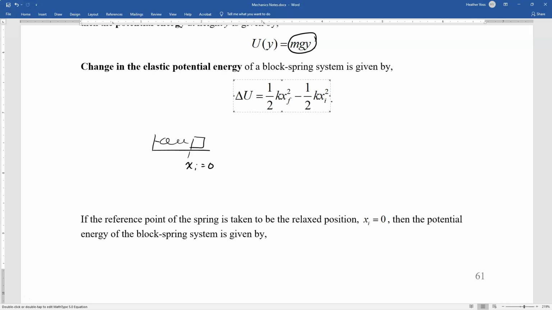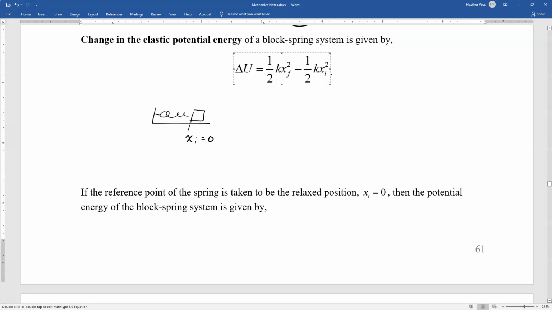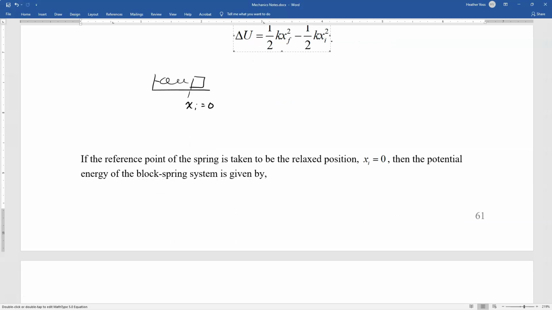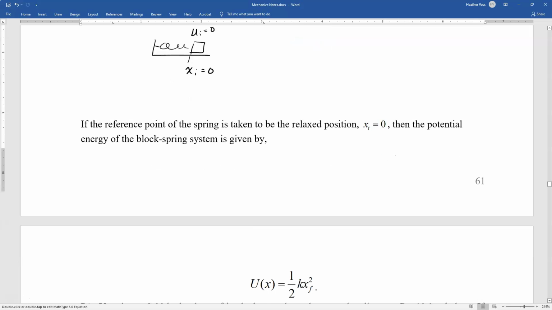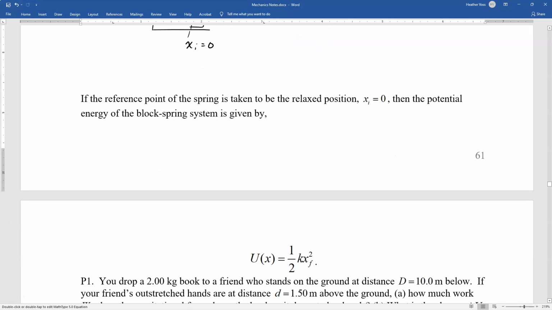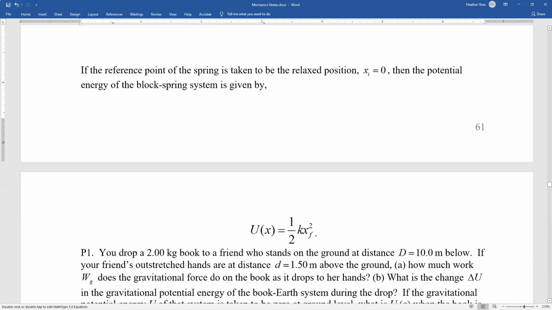Then if our initial potential energy is 0, our final potential energy is going to be 1/2 kx squared. And that x is the final distance we've slid it out away from its equilibrium position, or pushed it in past its equilibrium position.